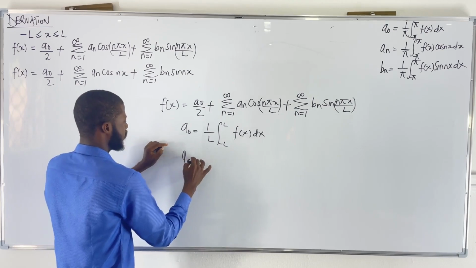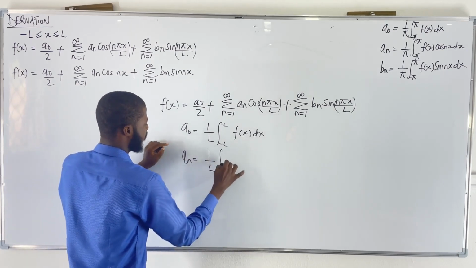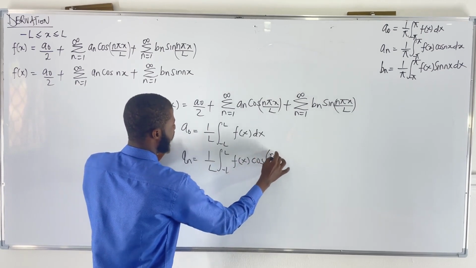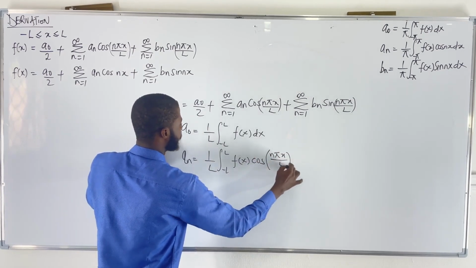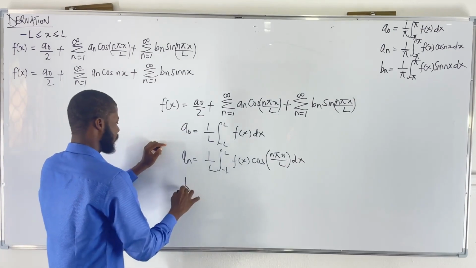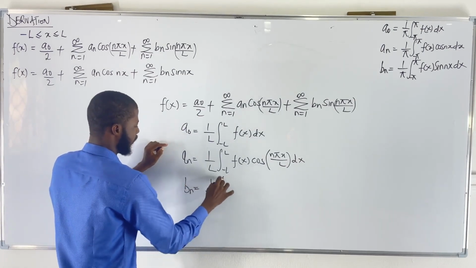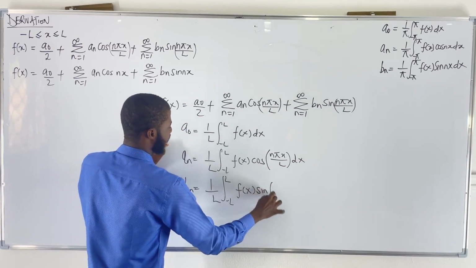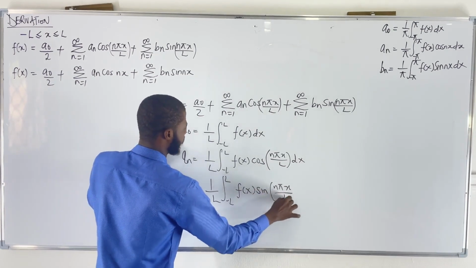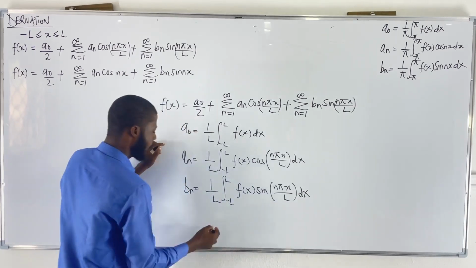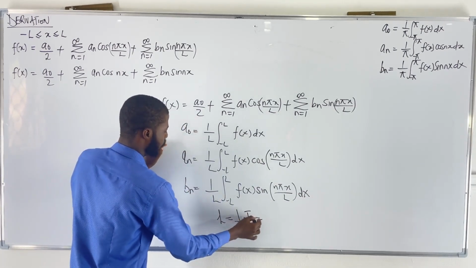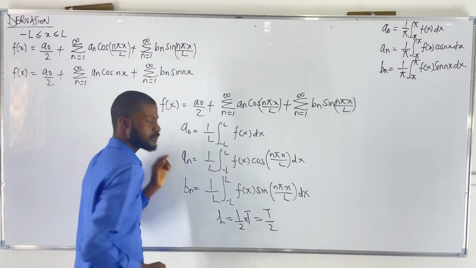A sub n is 1 over L times the integral from minus L to L of f of x cos of n pi x over L dx. B sub n is 1 over L times the integral from minus L to L of f of x sine n pi x over L dx, where L is half period, or you could say T over 2.